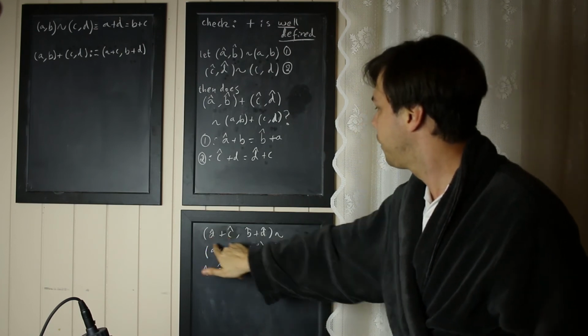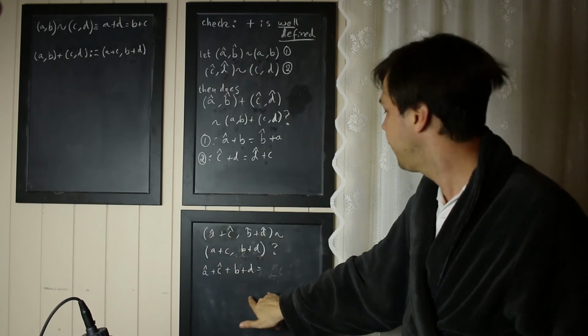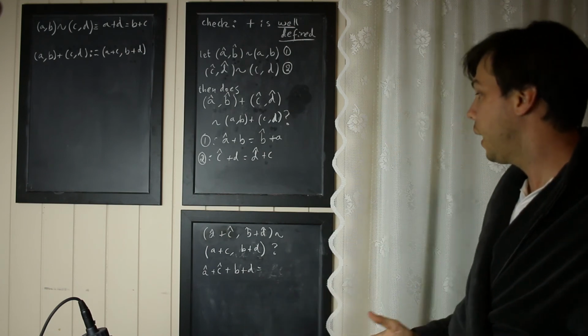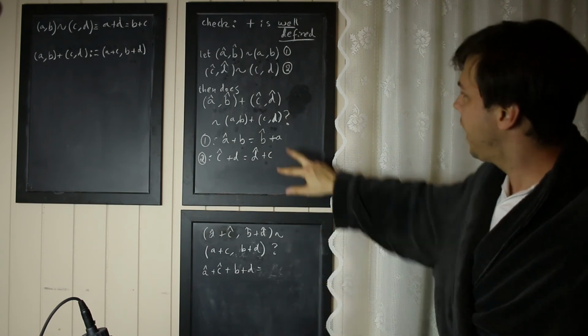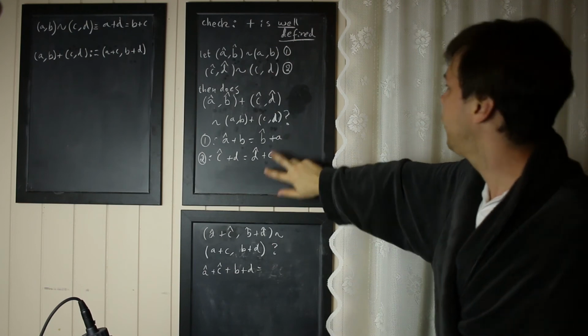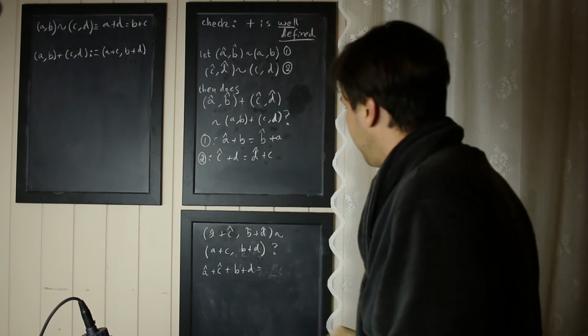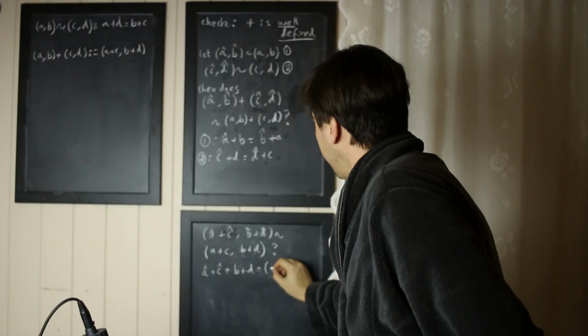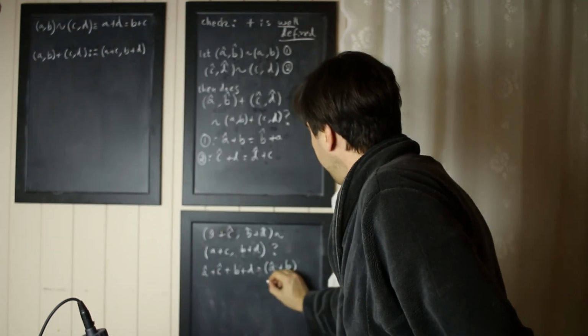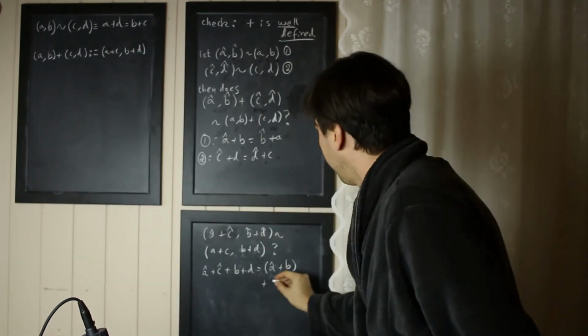So I'll start with just that first sum, write that out. Then I'm going to rearrange things as we can use them here. We have a hat plus b, and then we have c hat plus d.